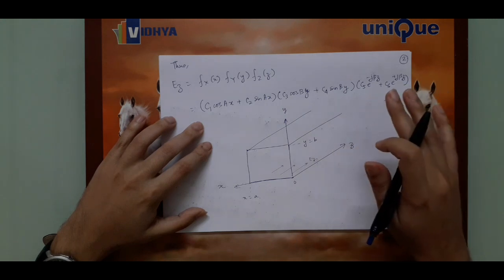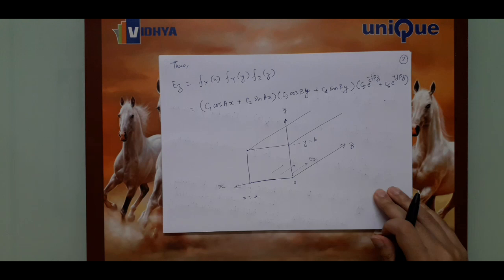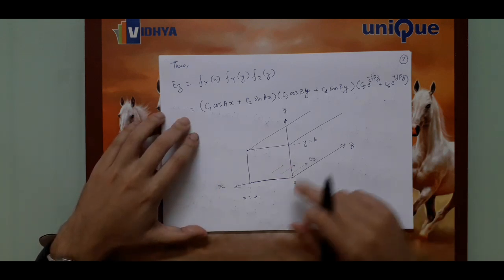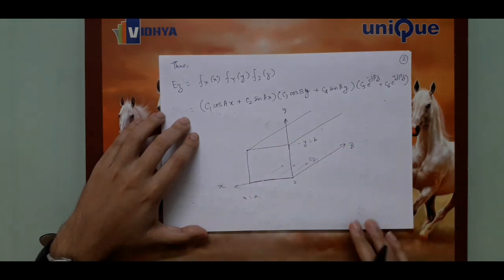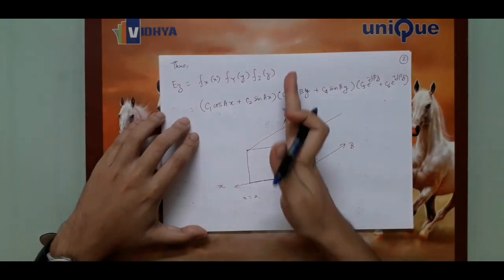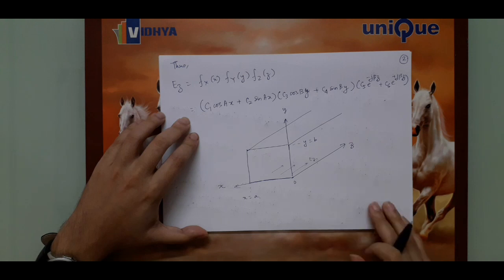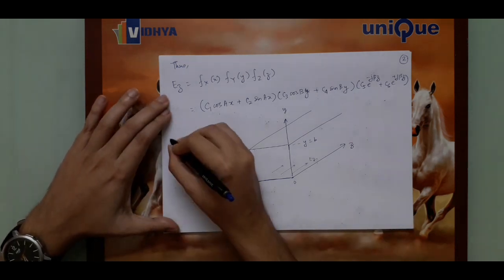So what is now interesting to note is that this field will obey some boundary conditions at each of these walls. That means when either x is 0 or x is A, you have walls.